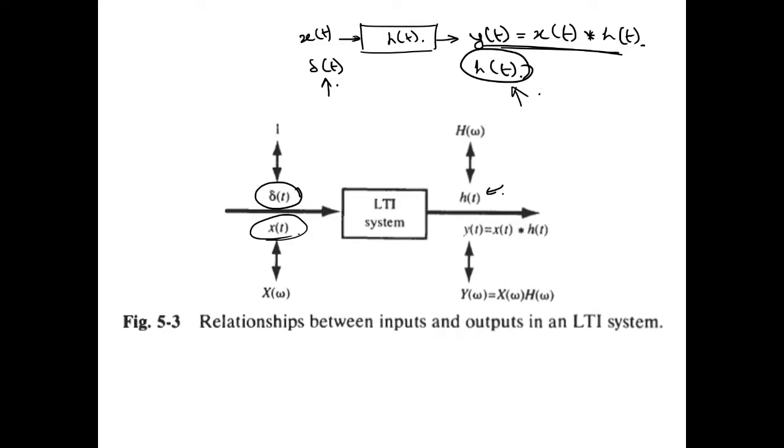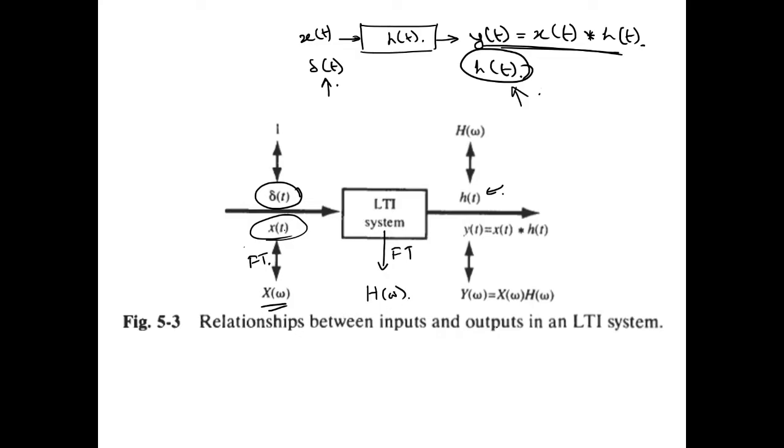So let us understand. The question arises, can we perform the numericals in a simplistic way? Yes, there is a possibility. But what is the possibility? Suppose you have this x(t), you perform Fourier transform, we get X(omega). Similarly, we have h(t) over here, we apply Fourier transform, we get H(omega).